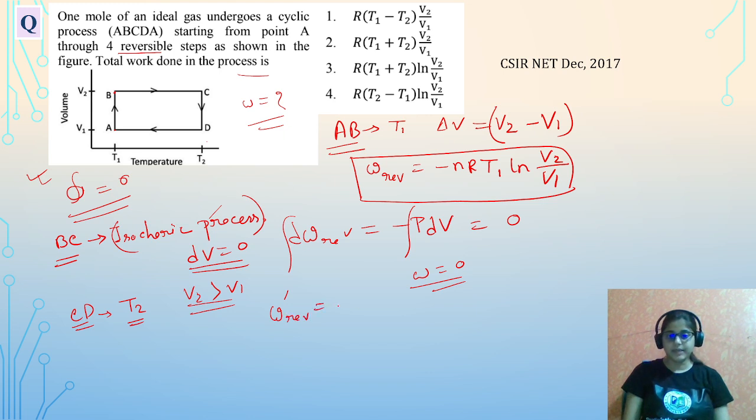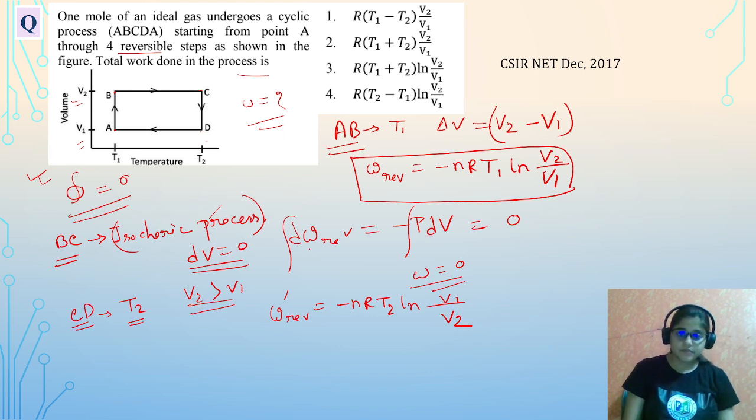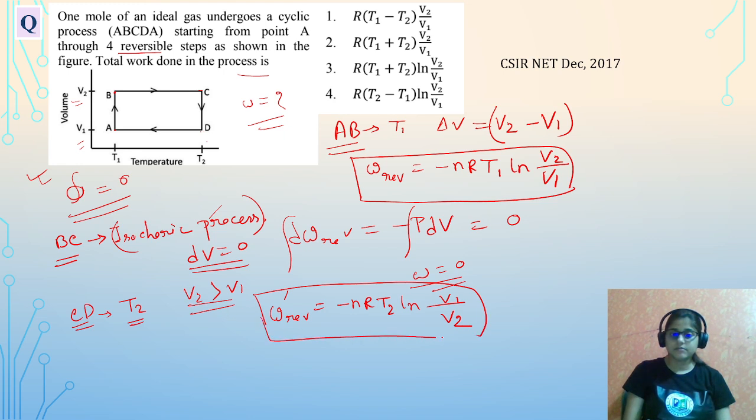It will be minus nRT2 ln final by initial. For CD, initial was V2 and final is point D, V1. So for the case of CD, this is the work formula. We got this one for AB, this is for BC and this is for CD.